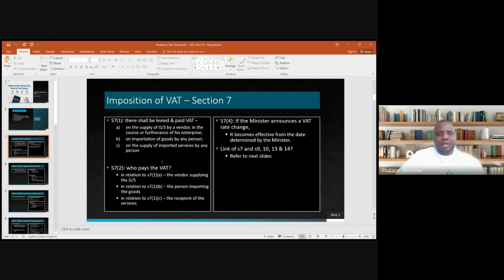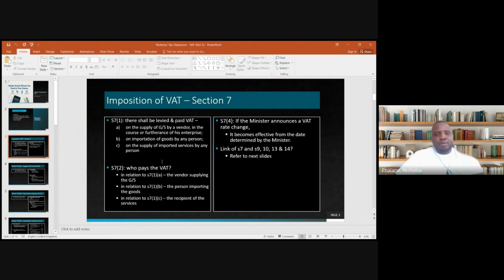Once you are happy that they are imported services as defined, then you will say there has to be VAT levied and paid to SARS. Sometimes in the scenario, we can already tell you that these services are imported services as defined, meaning that we don't want you to firstly deal with the definition. We just want you to deal with the other tax implications that follow.